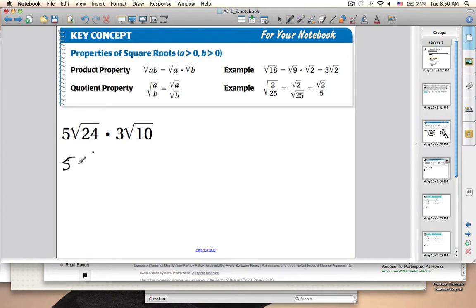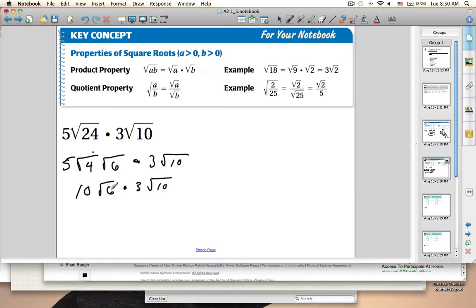So I know this is 5 times the square root of 4 times the square root of 6 times 3 times the square root of 10. The square root of 4 is 2 times 5 is 10 root 6 times 3 root 10.